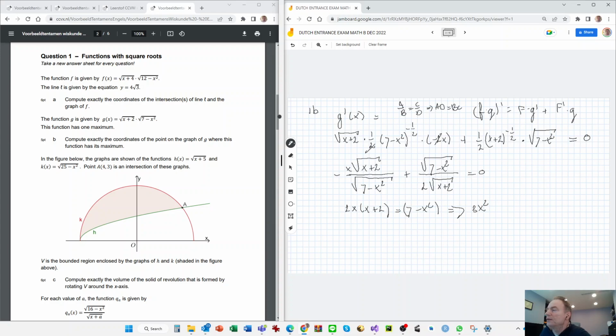And then I get a 4x, and then minus 7, is 0. Let's see if I can write this in some form.